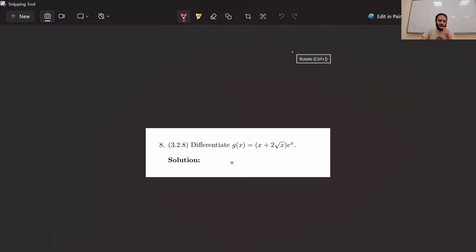So let's solve this one now. So g prime of x equals 1 plus 2 over 2 square root of x, e to x, plus x plus 2 square root of x, e to x. Are you good with this?